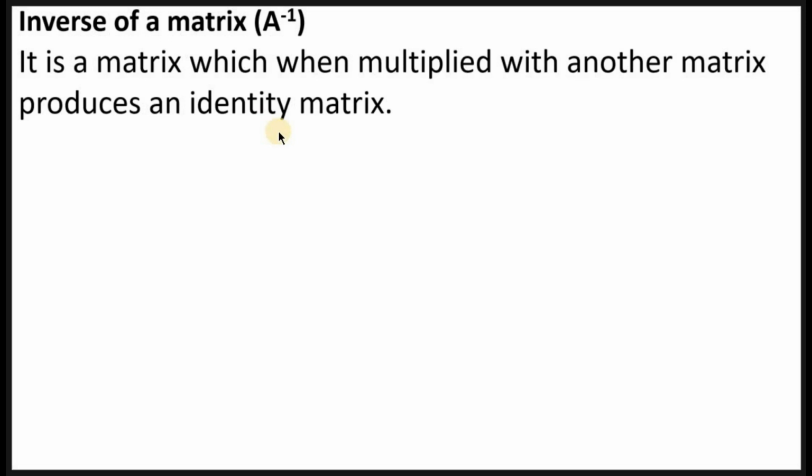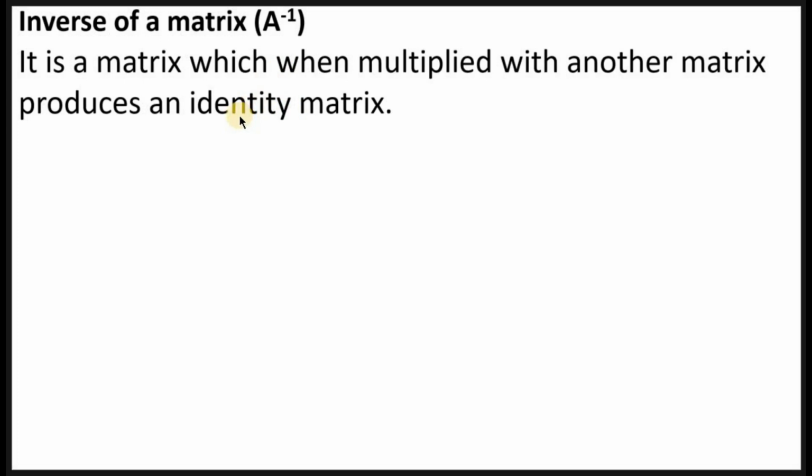So the explanation is that if you get an inverse matrix and multiply it with a normal matrix, the result you get is an identity matrix, that matrix which has 1s on the major diagonal and the rest of the elements 0s.